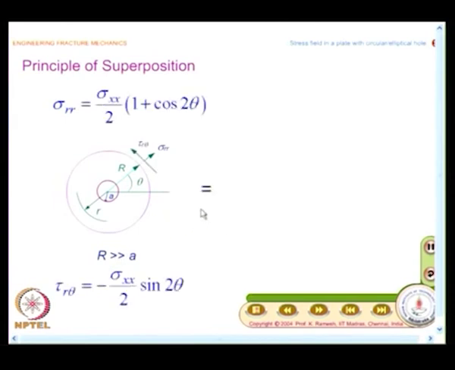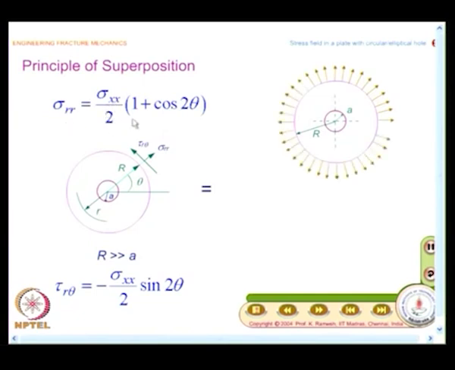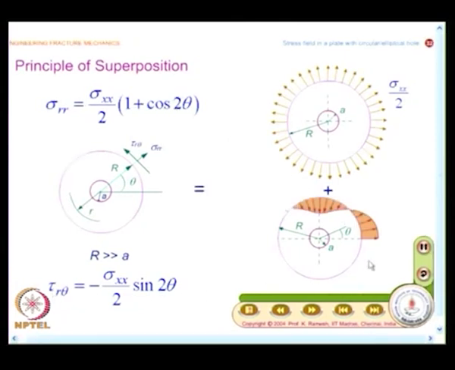So, from the expression we get sigma RR as sigma XX divided by 2 into 1 plus cos 2 theta, and then tau R theta as minus sigma XX by 2 sin 2 theta. I think you can take some time to plot this nice picture.